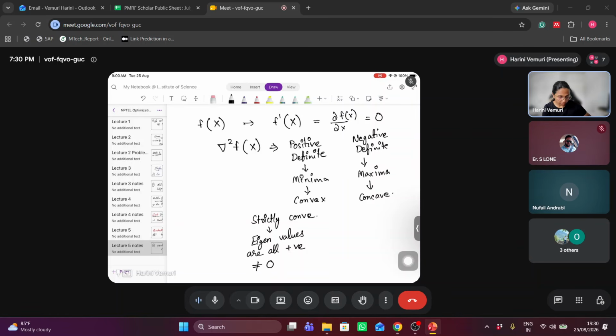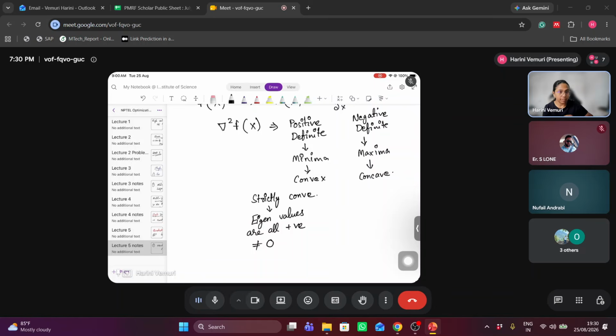It won't be equal to 0, any of the values. In the case of strictly concave, we have eigenvalues that are all negative, and one or more than one of them won't be equal to 0.